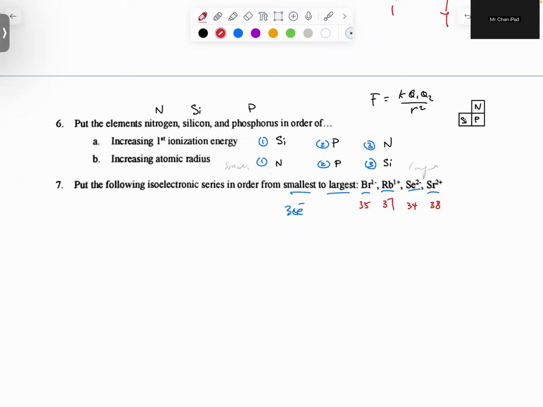So which one's the smallest? Strontium 2 plus. Most protons, strongest attraction among all 4. And then rubidium plus, and then bromine minus, and then selenium 2 minus.